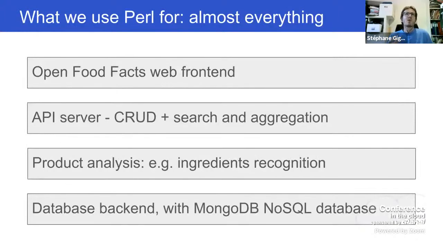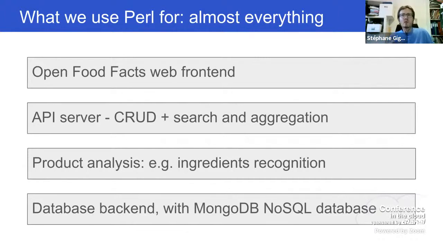So what do we use Perl for? Well, I love Perl, so I try to use Perl for everything in the project, and we use it for almost everything. So we have a web front end, we have an API server, and that has also search and aggregation. We do a lot of analysis of the data. So one thing, for instance, is taking the list of ingredients and trying to cut it into all the individual ingredients, but there are many more things that we do with the data.